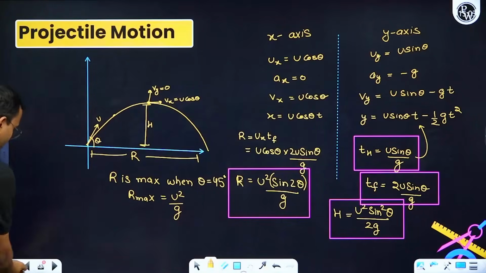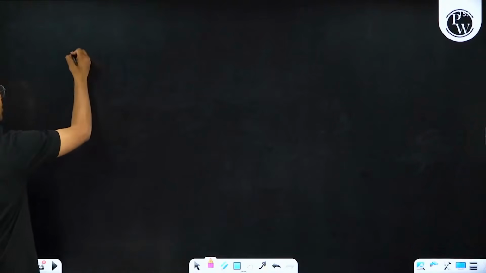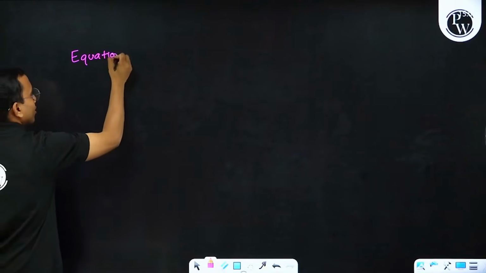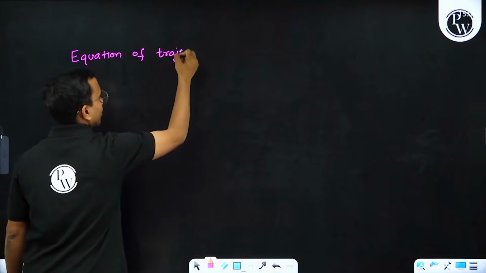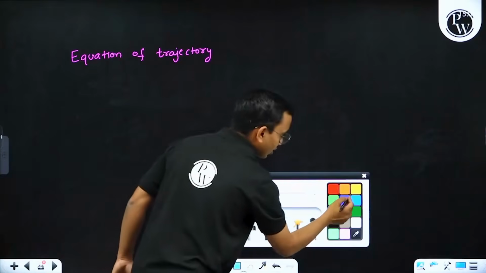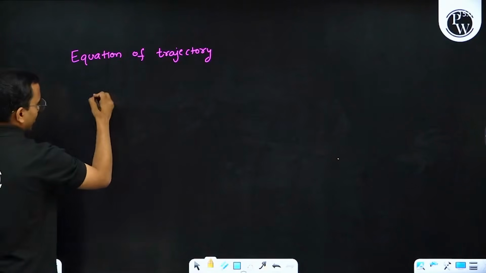Okay, now the equation of trajectory. Equation of trajectory means the equation of the path the particle is following. Now I know the x equation. What is x?